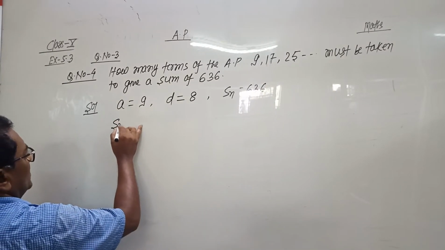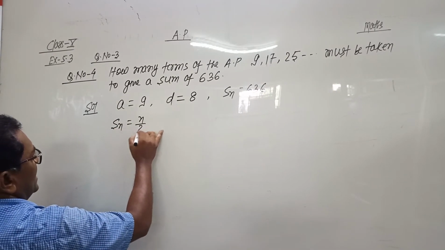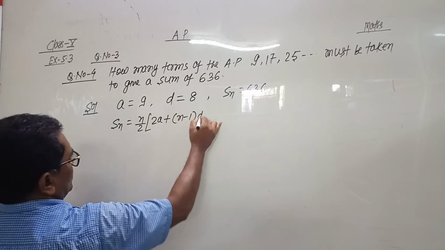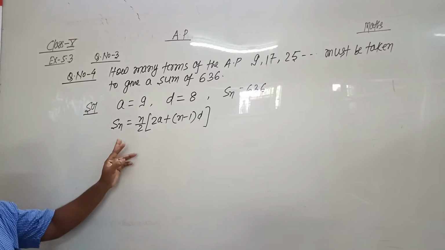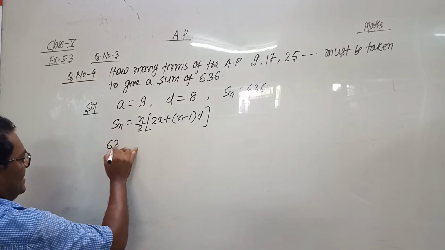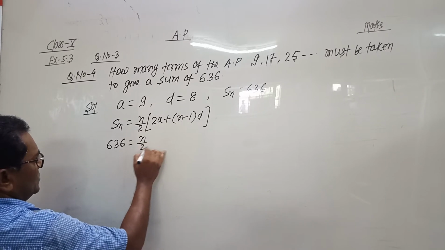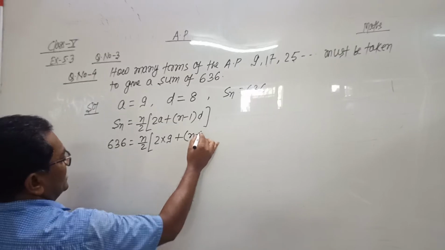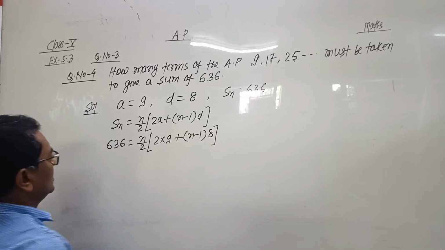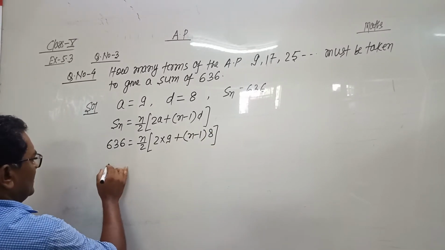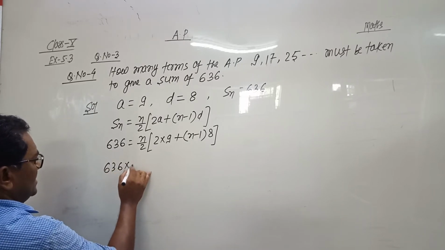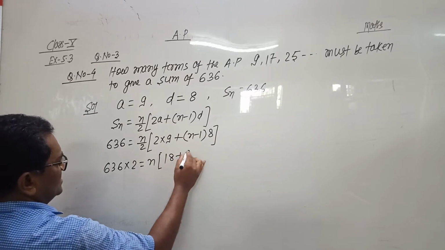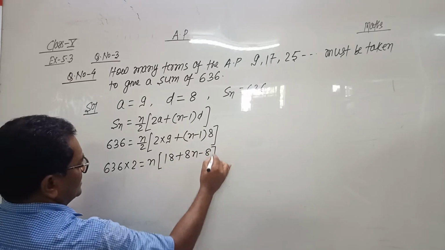So we use the formula Sn equals n by 2 into (2a plus (n minus 1) into d). By cross multiplication, we get 636 into 2 equals n into (18 plus 8n minus 8).